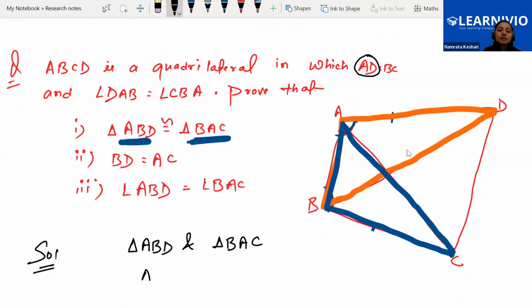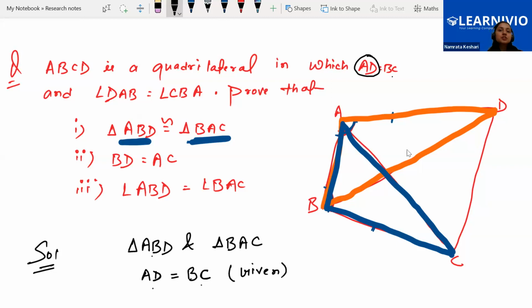So below these triangles we will write that from this triangle side AD is equal to, from the other triangle, side BC. The blue triangle has BC and the orange triangle has AD, already the same. How are we writing that? It is clearly written in the question.